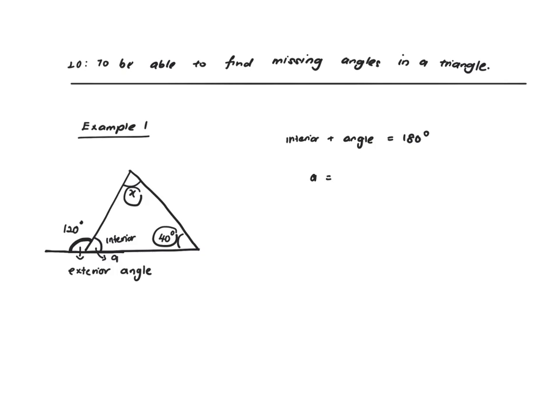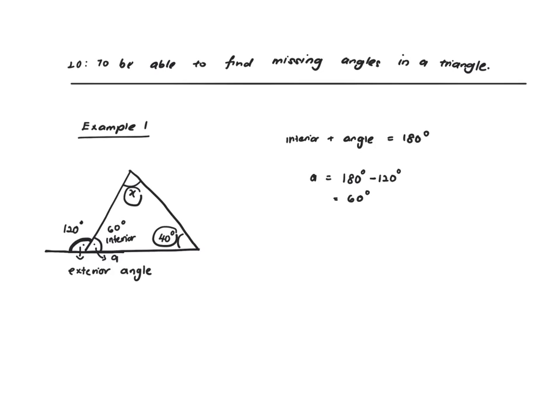Now we know that these both add up to 180. So what is a? 180 minus 120, so that would be 60 degrees. And from our previous exercise, we know that a triangle sums up to 180.